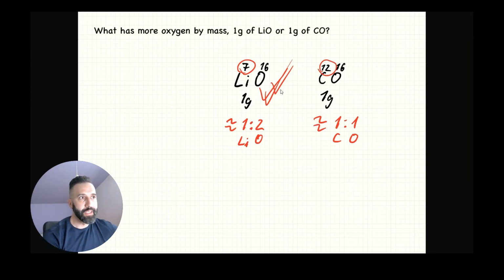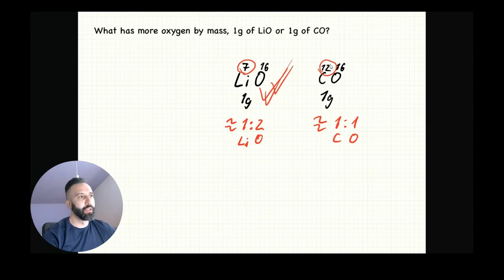The mass proportion of oxygen to lithium is 1 to 2. Actually, more than 1 to 2, right? So if I have 1 gram of this substance, for sure I'm going to have double the oxygen compared to lithium. So it's going to be something like 70-30 oxygen to lithium.